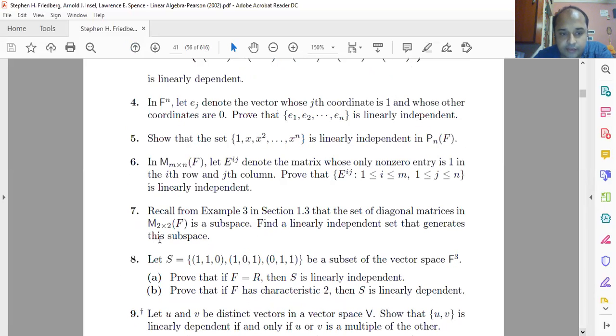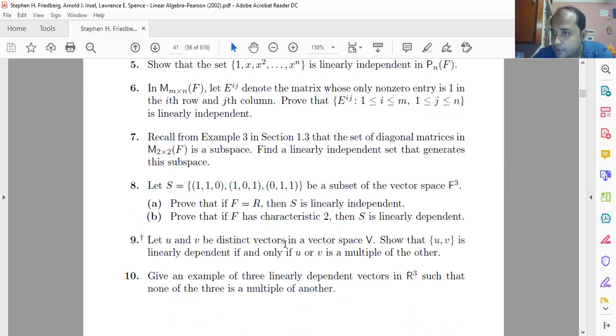See this result. Let U and V be distinct vectors in a vector space V. Show that the set {U, V} is linearly dependent if and only if one is a multiple of the other.